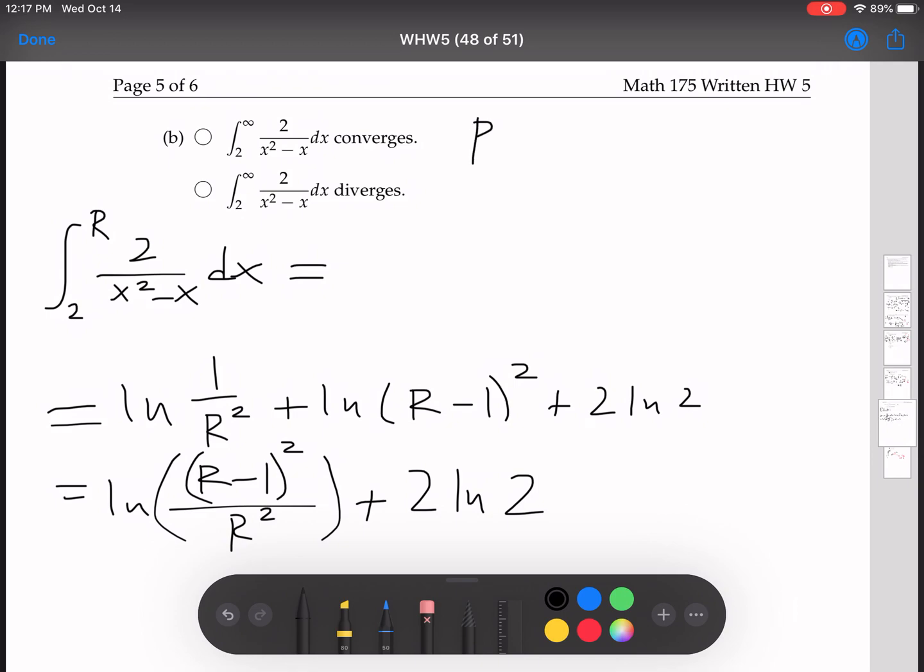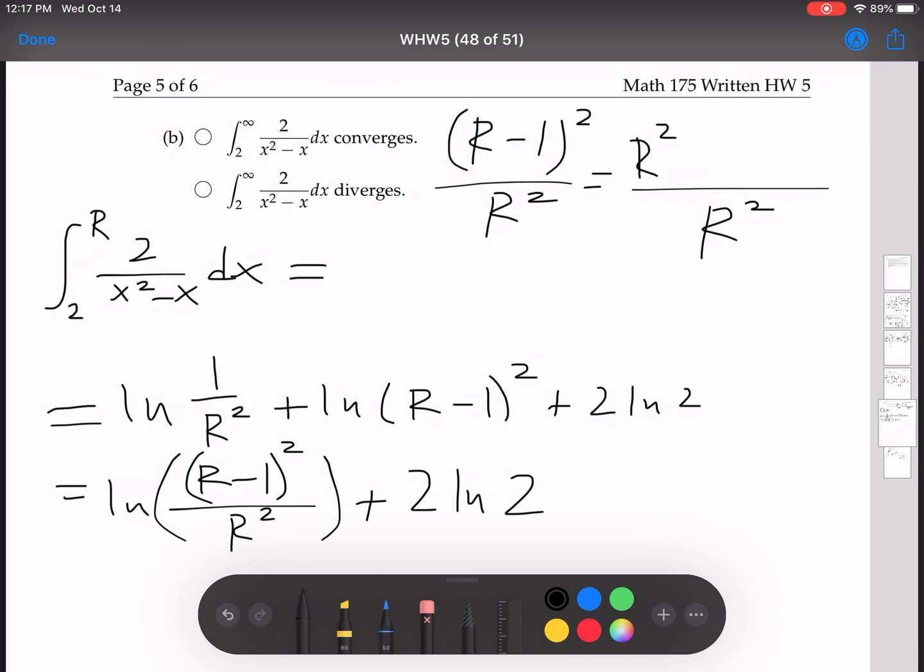So let's see, r minus 1 squared over r squared. r minus 1 squared is r squared minus 2r plus 1.